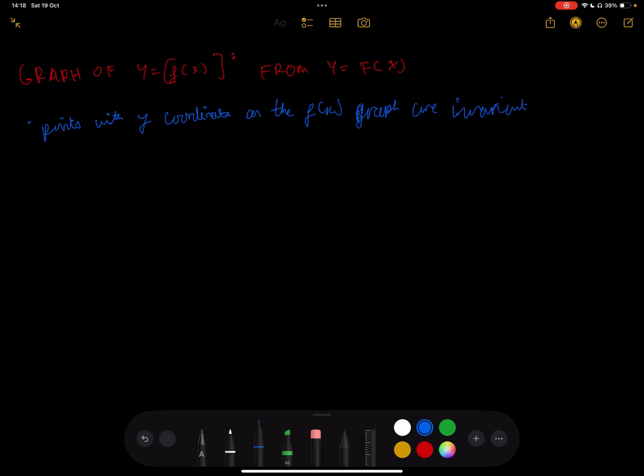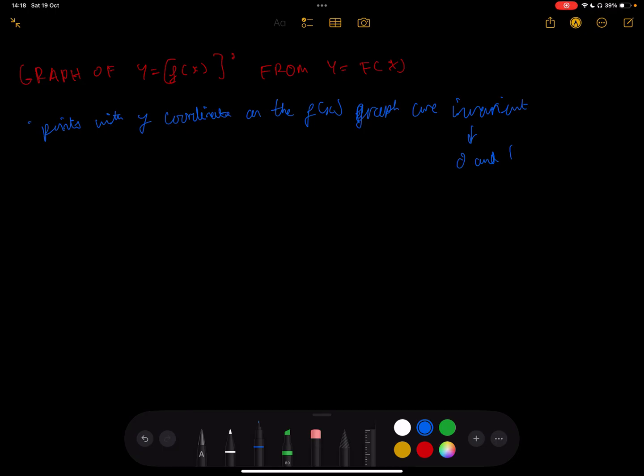So there are specific points that will be invariant. The specific points that you need to know are 0 and 1. When we square both of these values, 0 squared is 0 and 1 squared is 1. So they're not changing. It's not just any y coordinate, it's specifically 0 and 1.